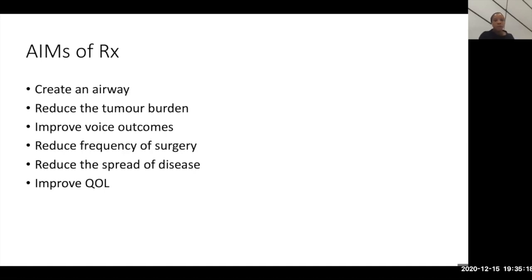So you talk to them about their airway, tumor burden, and their voice outcomes, which impacts on their day-to-day life. You talk to them about the frequency of surgery, which also interferes with their day-to-day lives and future planning. And also you talk about reducing the spread of disease, because that has an impact on prognosis. And generally, you need to talk to them in the context of quality of life.